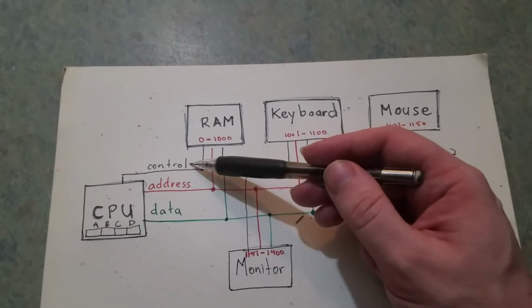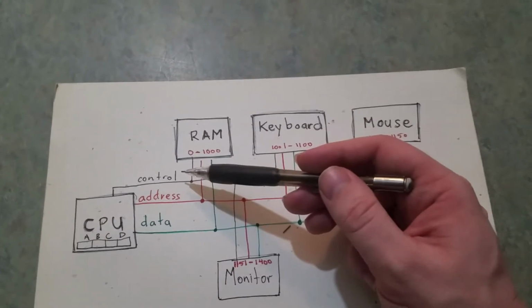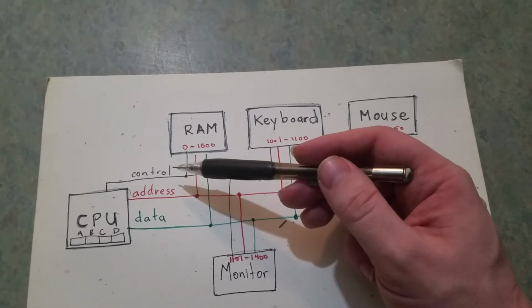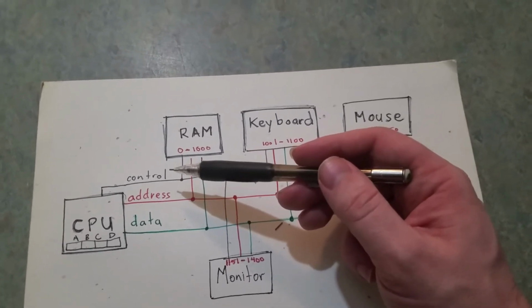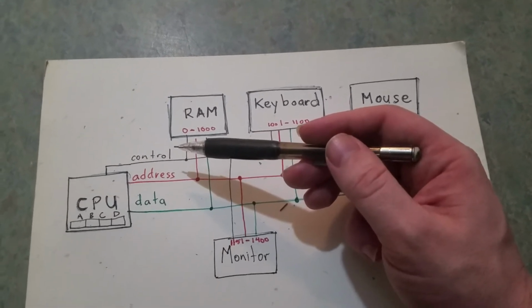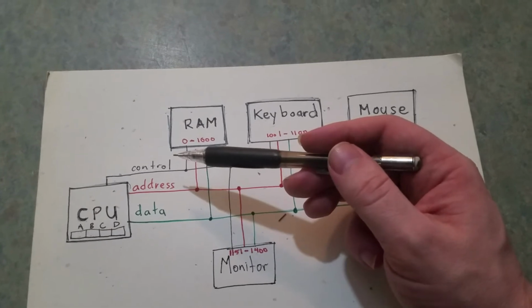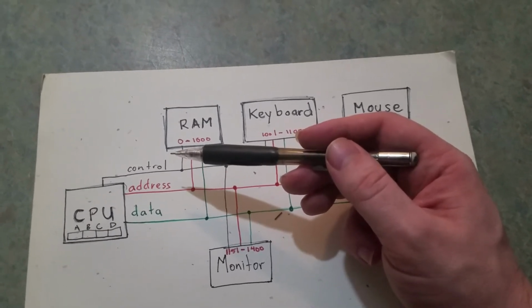The control lines will say, okay, it's time to read, okay, it's time to write, and also enabling the ability to do a transfer.